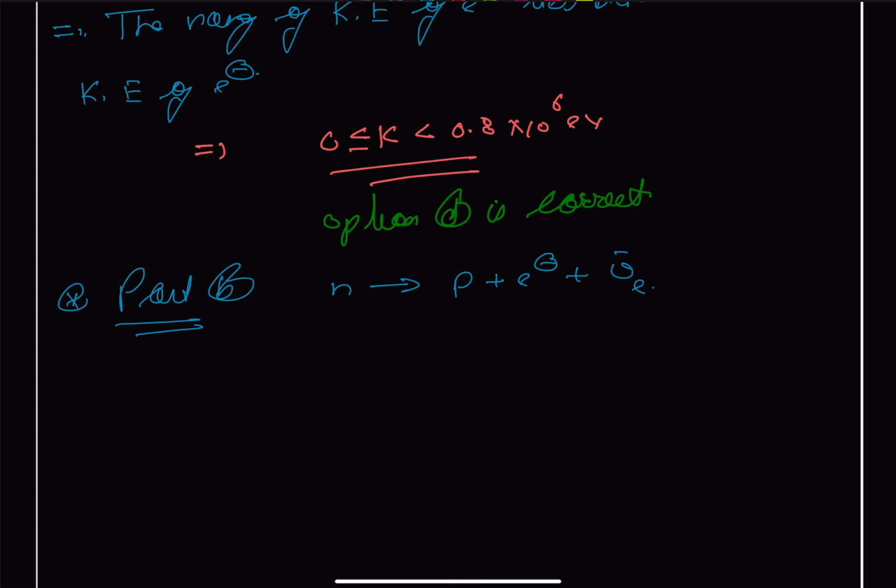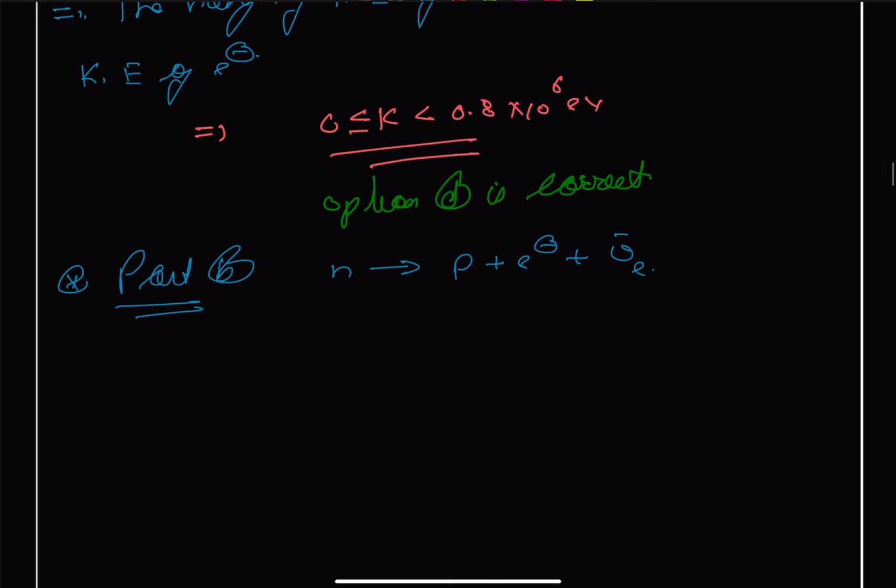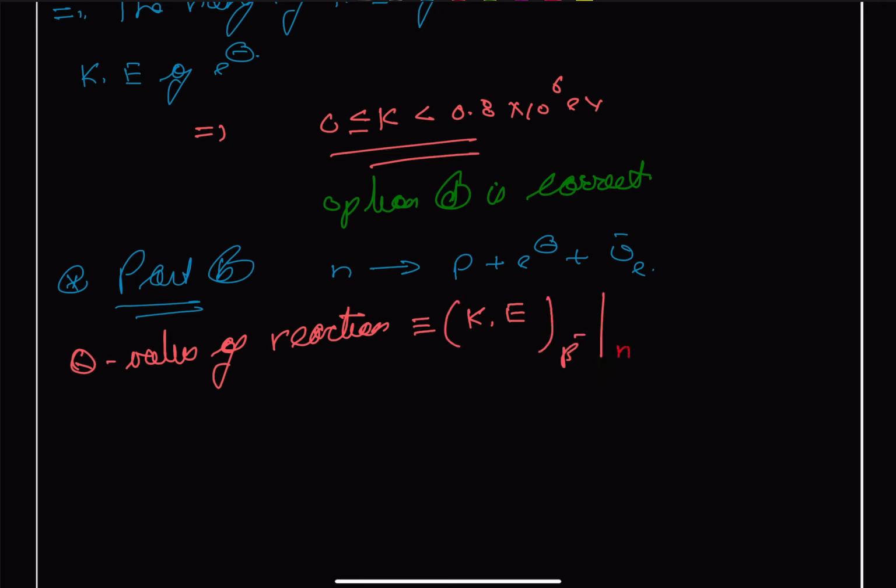And we know that the Q value of the reaction is the kinetic energy of the beta negative, and for that maximum value, which we already found out, is 0.8 into 10 to the power 6 electron volt.